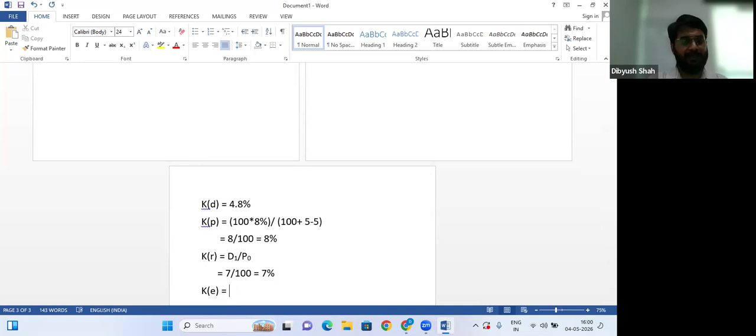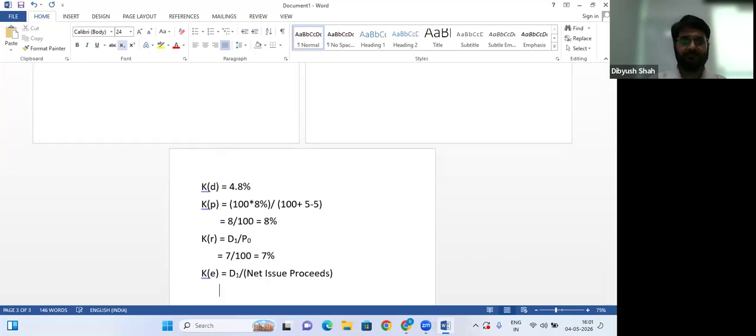What will I have for equity? It will be D1 divided by P0, or net issue proceeds. I will use this word. You can call it D0 also because the dividend is constant. So D1 is 7, 100. What are they telling? Let's see.